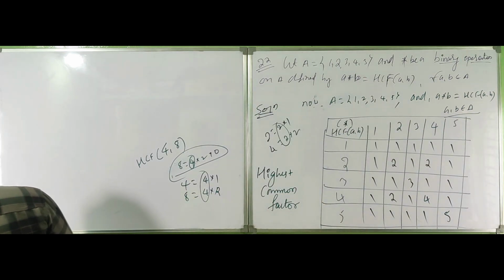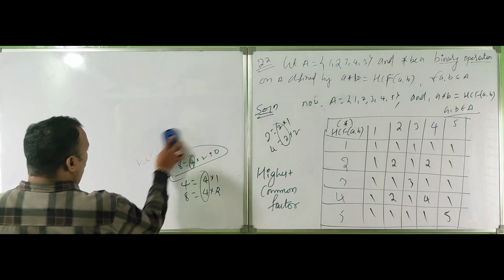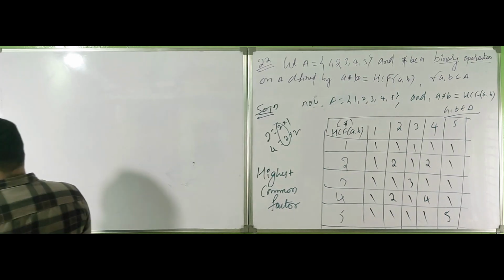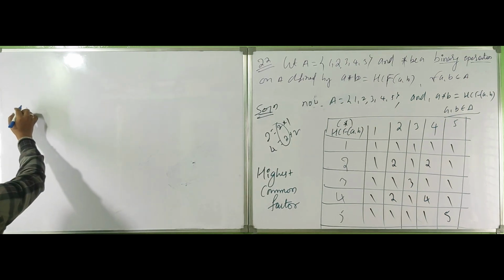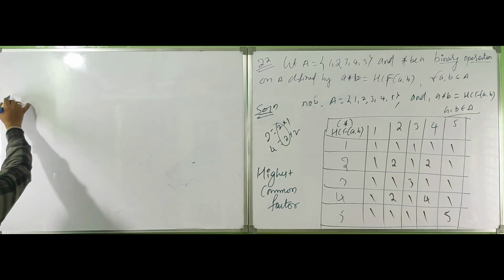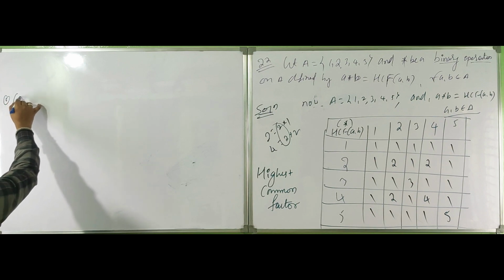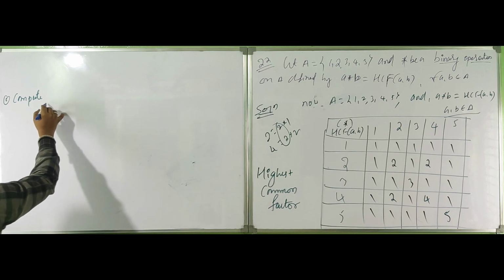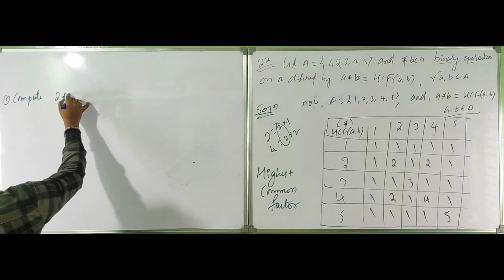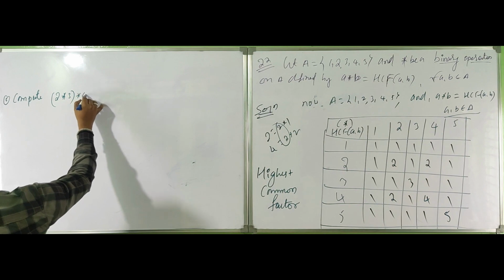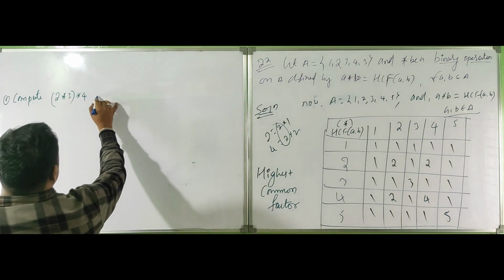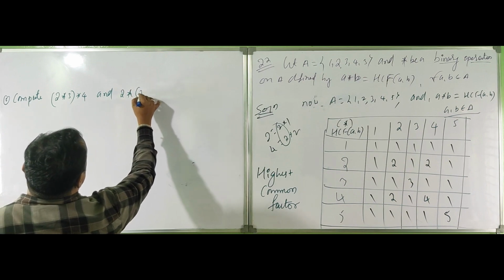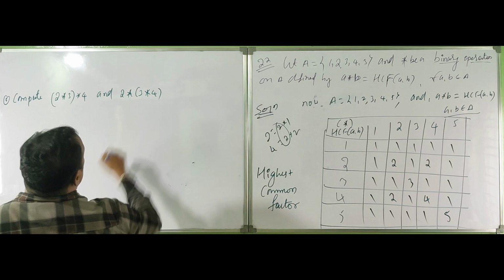Next question, compute 2 star 3 bracket of star 4 and 2 star bracket of 3 star 4.